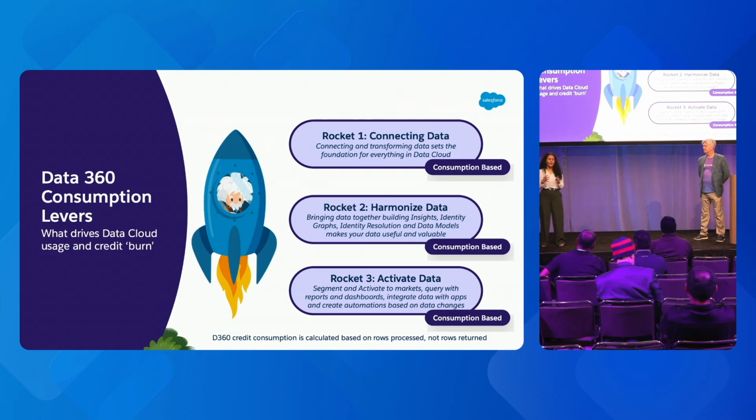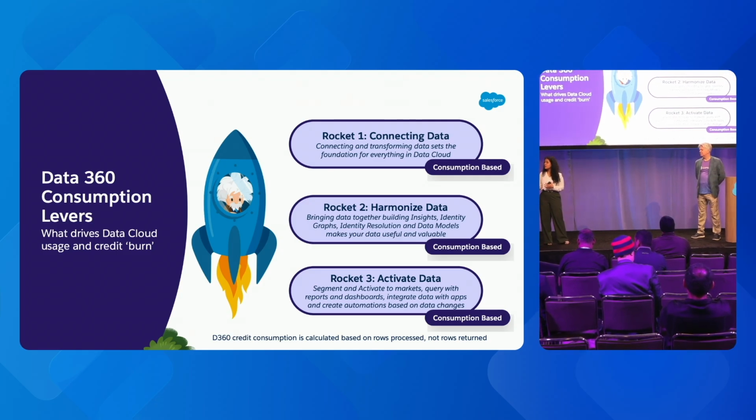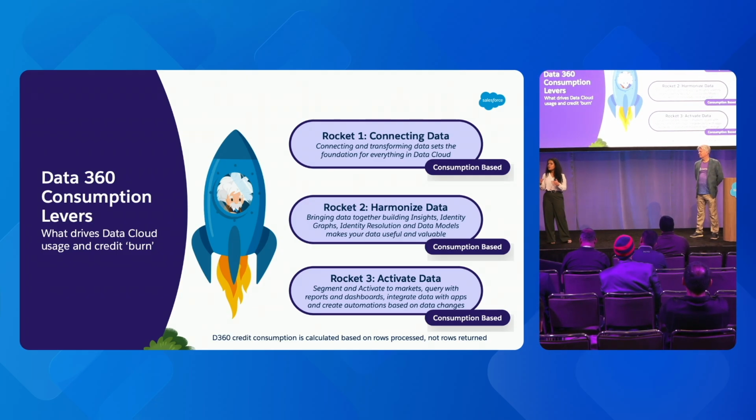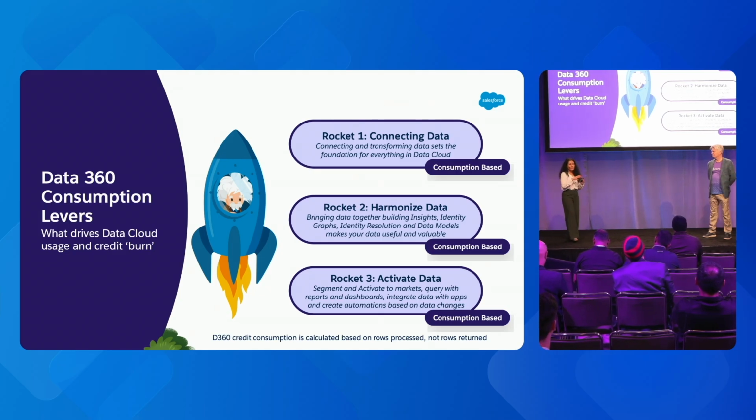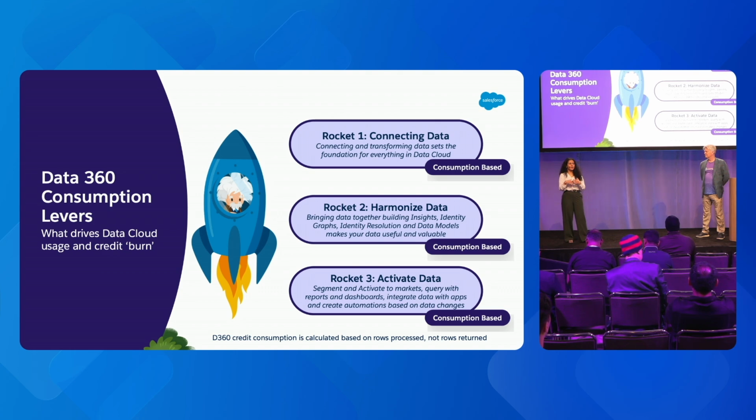How complex are your queries? Third, how often do you activate your data? How often are you sending your data to the marketing teams? One mistake or one unoptimized query in the first step will act as a multiplier on your credit consumption. So it's quite important to have all the queries and processes well optimized, and also to keep a check on your credit consumption.